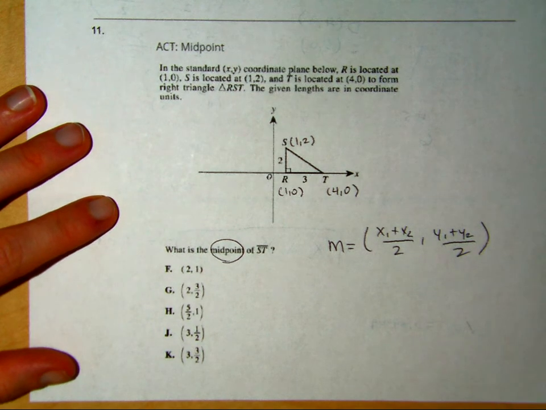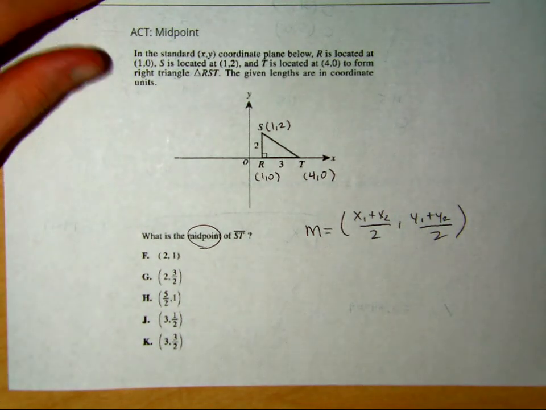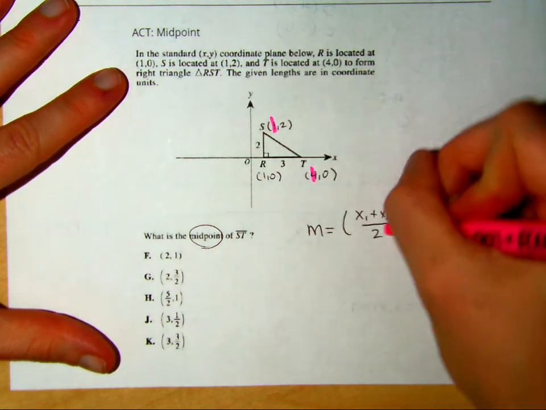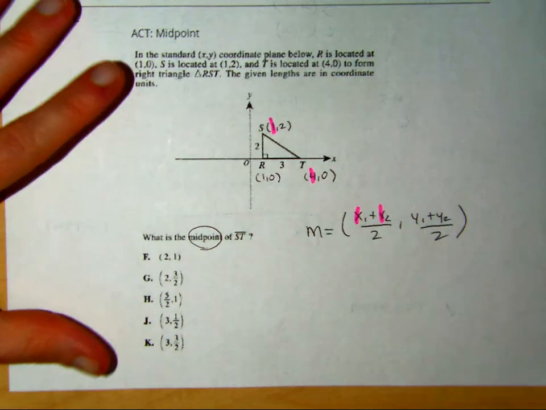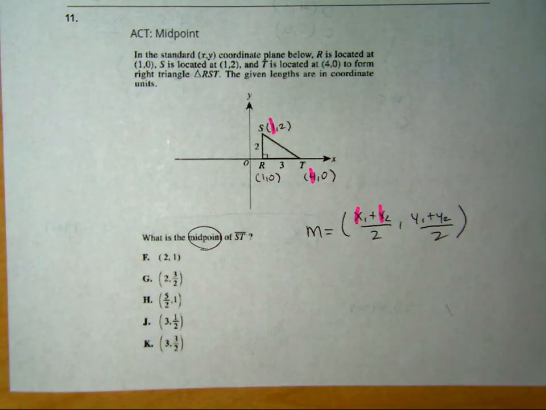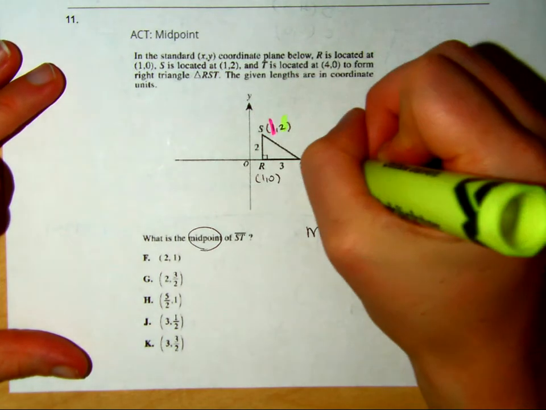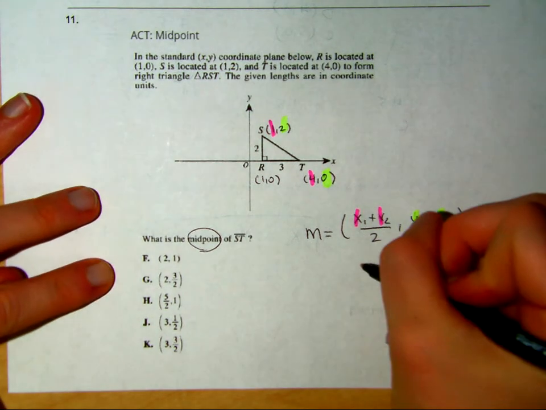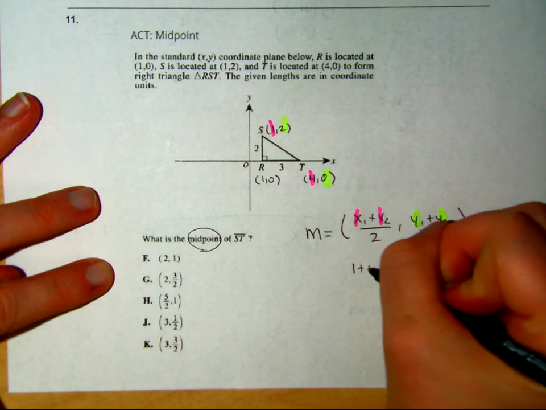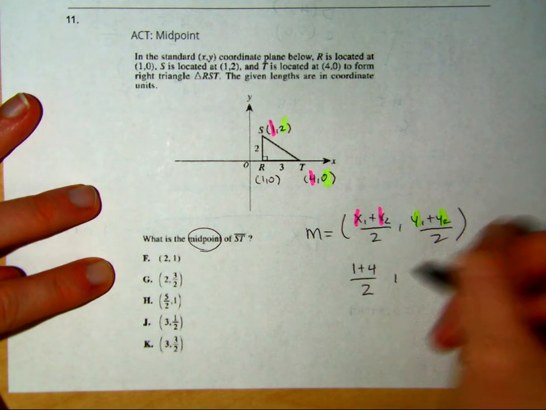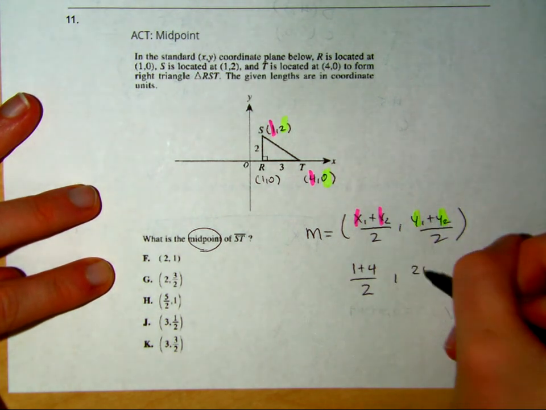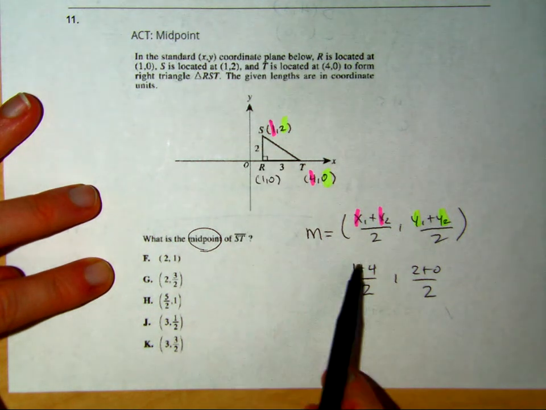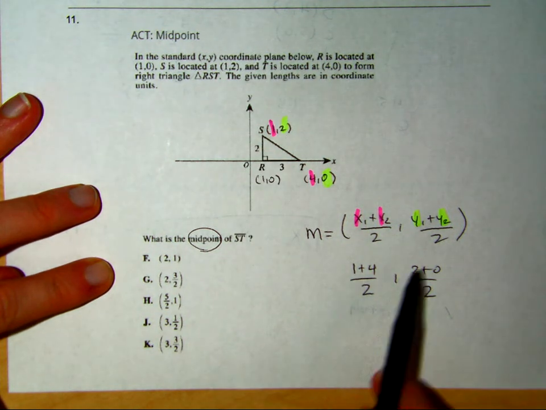Okay, so X values, right, and Y values. So I'm going to take 1 plus 4 and divide by 2, and I'm going to take 2 plus 0 and divide by 2, because my X's divide by 2 and my Y's divide by 2.